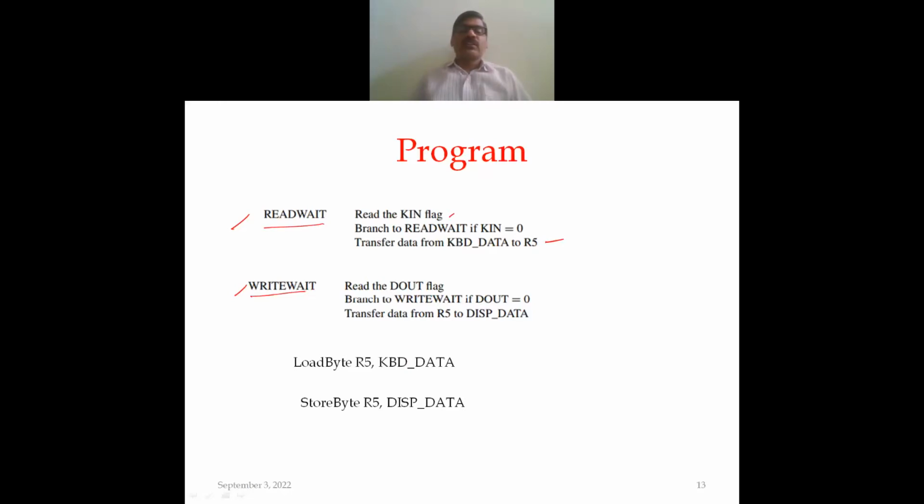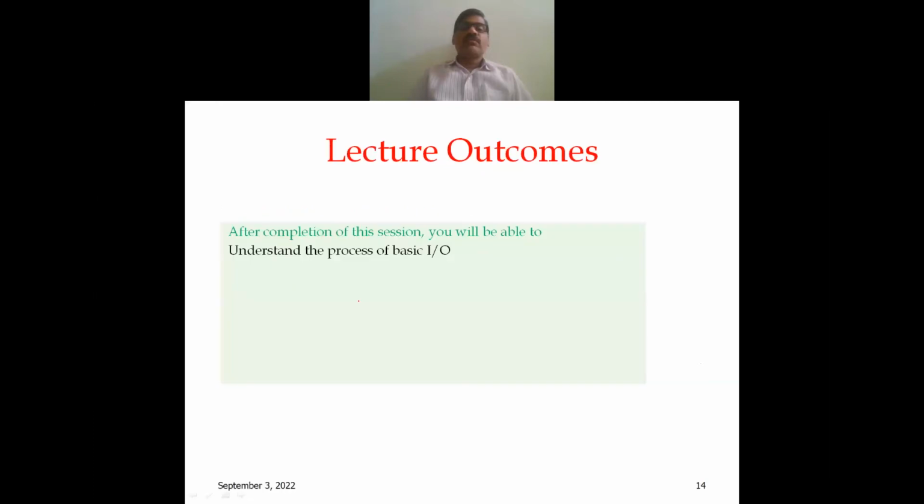Then the write wait: read the DOUT flag, and branch to write wait if DOUT is 0. Otherwise, transfer data from R5 to DISPLAY_DATA. This is done with LoadByte R5, KBD_DATA and StoreByte R5, DISPLAY_DATA. These are the load and store byte instructions used for the read wait and write wait program.